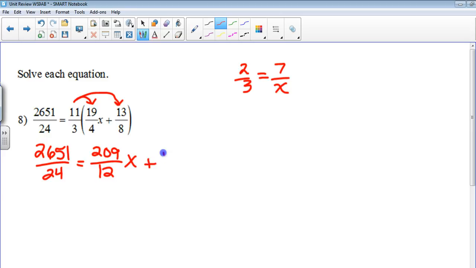Let's see, 11 times 13, 143, I think. Okay, common denominator 24. Does that seem all right with everybody? We might have been able to reduce, but I don't think it's worth my effort to try to reduce anything here.